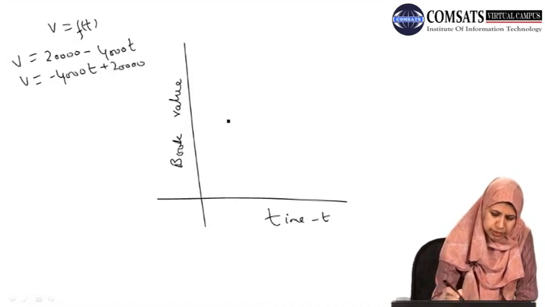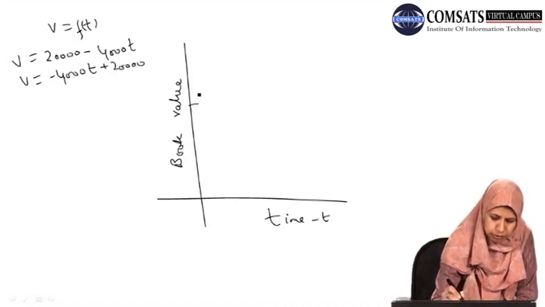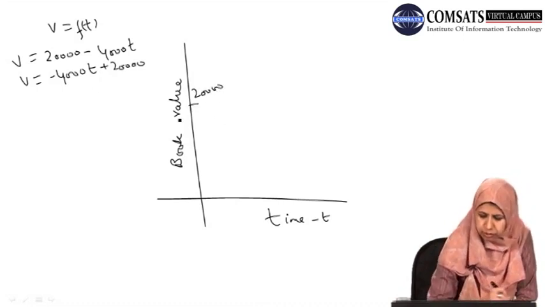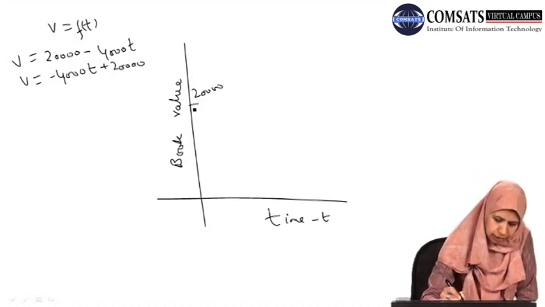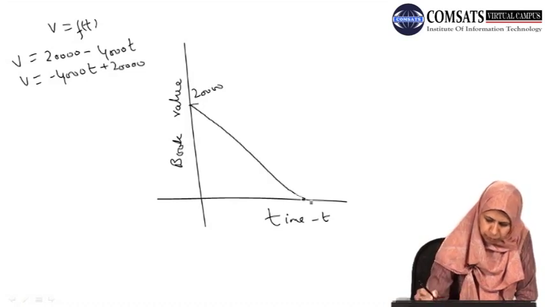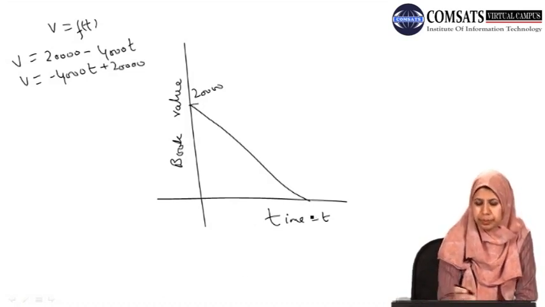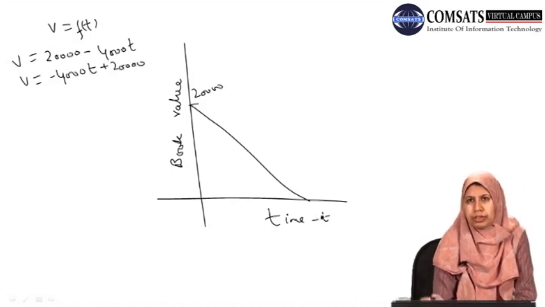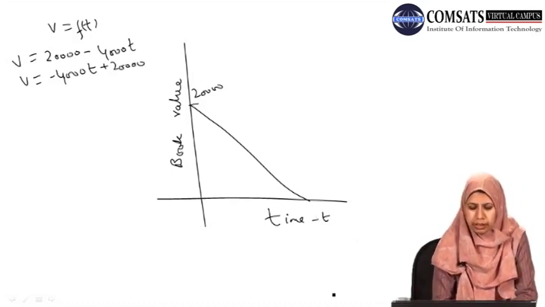That is, when time t is equal to 0, the book value was 20,000 and we obtain this graph of depreciation, which is a straight line.